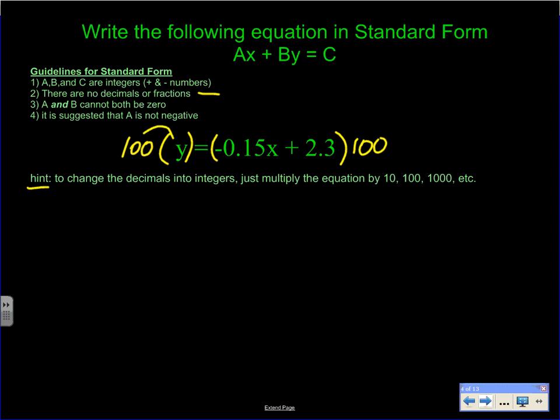And we know 100 times y is 100y. And now we distribute here. And 100 times negative 0.15x. Well, a positive times a negative will give us a negative. And I know that multiplying 0.15 by 100 moves the decimal place 2 places. So we're left with negative 15x.